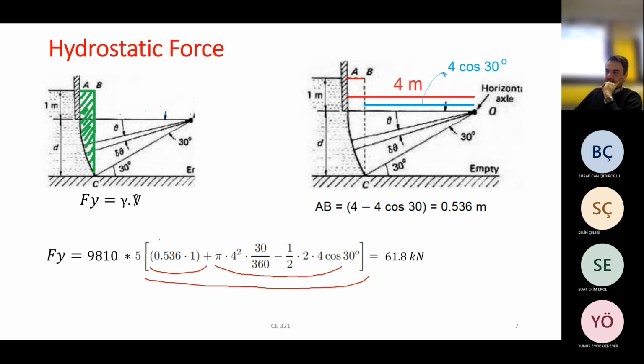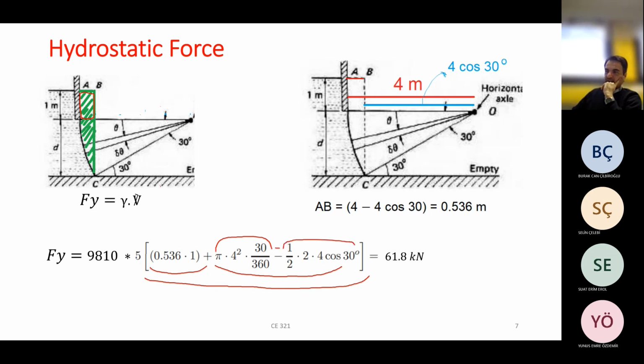One sub-area gives you this value AB times 1, which gives you this area. For the other term, I calculate a bigger area minus a smaller area.